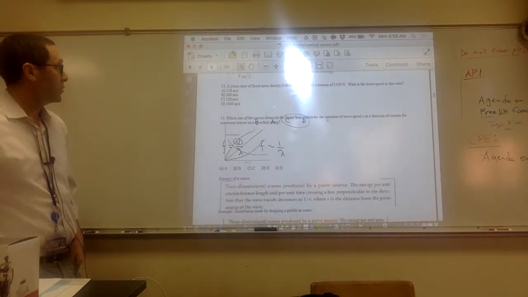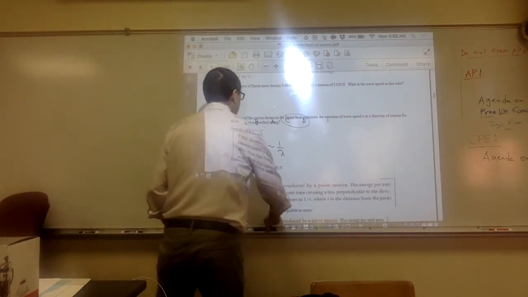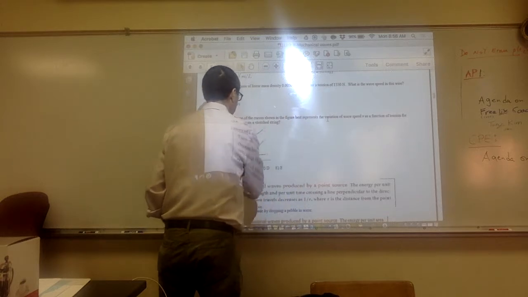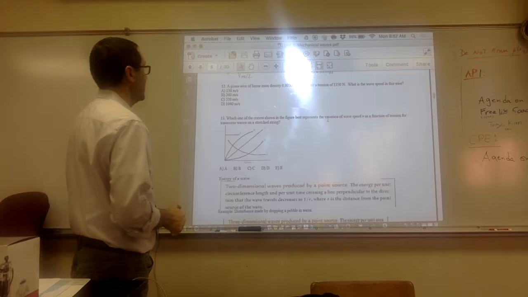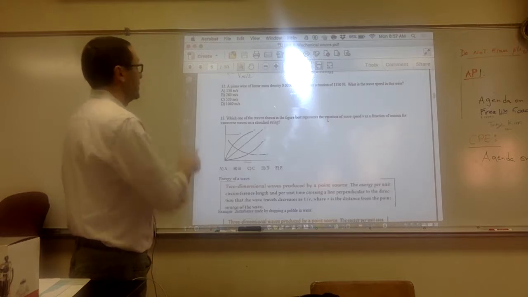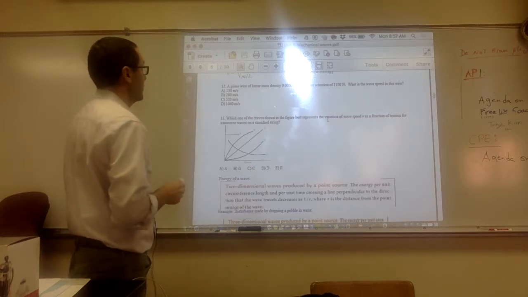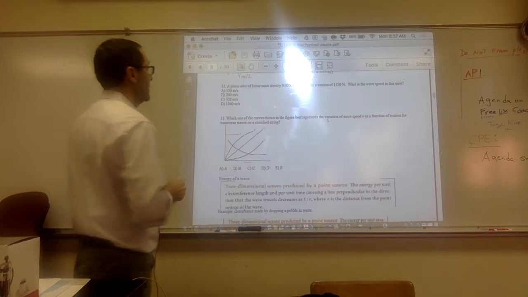Okay, we're going to look at number 12. A piano wire of linear density, a mass density of 0.005 kilograms per meter, is under tension of 1350 newtons. What is the wave speed in this wire?